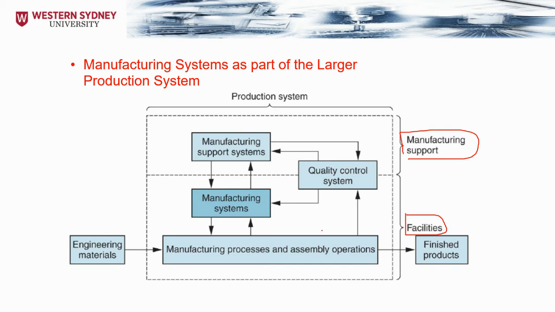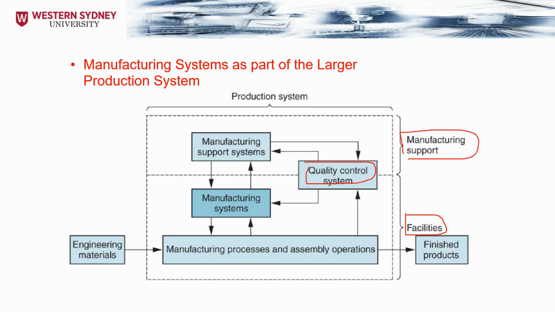The manufacturing system feeds the manufacturing processes and the assembly operations with the data and gets some feedback. The product itself at the end of the operation is measured, and the process itself can also be monitored, and this sends information to the quality control system, which compares the input with the original data that came from the manufacturing support system.